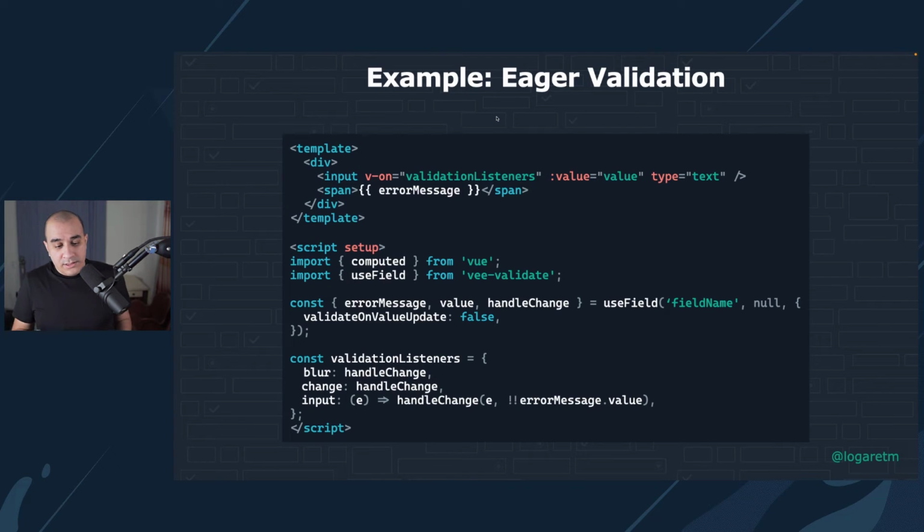Here we are binding it directly to blur and change because it's always going to validate on blur and change. But with handleChange, you can tell it not to perform any kind of validation if you send it false as a second argument. This is the shouldValidate argument.